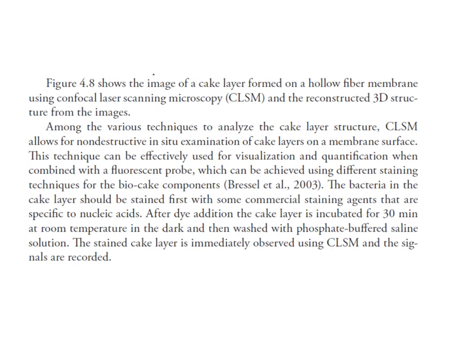So this technique is especially useful for getting information on this biocake, and the bacteria in the cake layer are stained first, and by using special techniques we can have these images using CLSM.